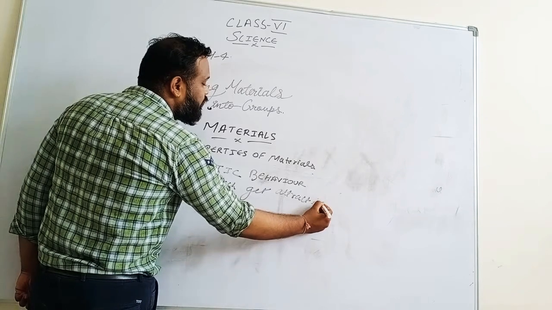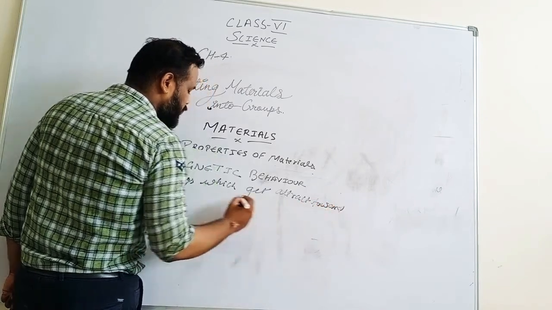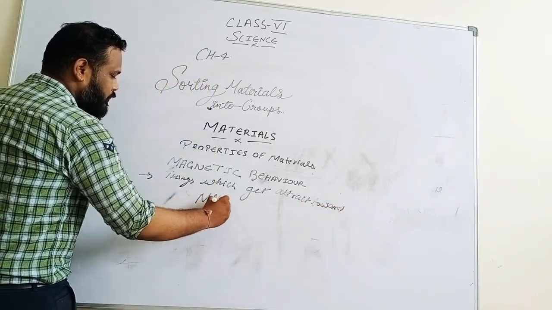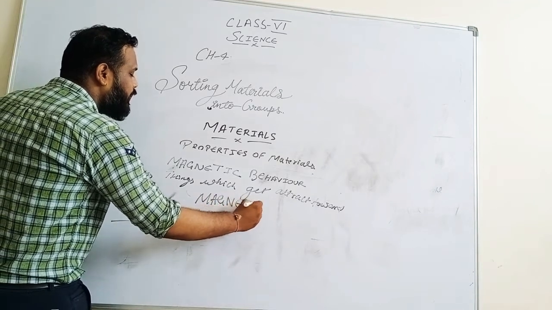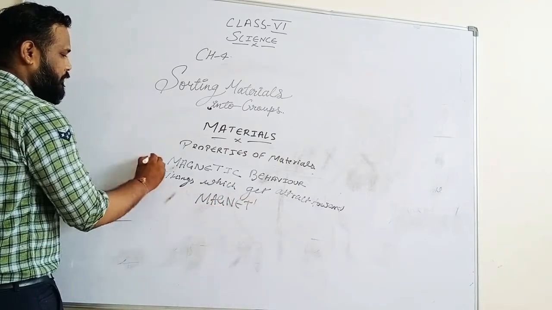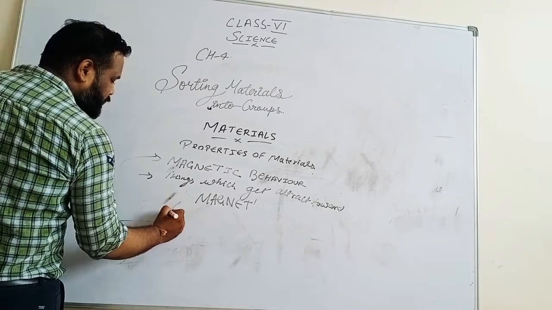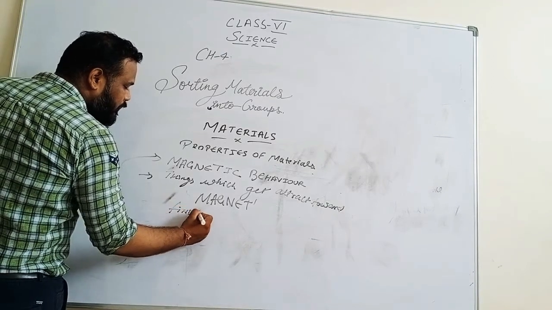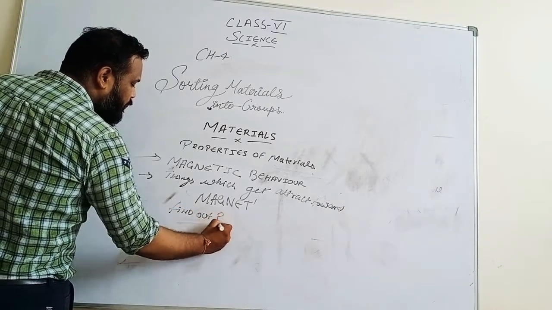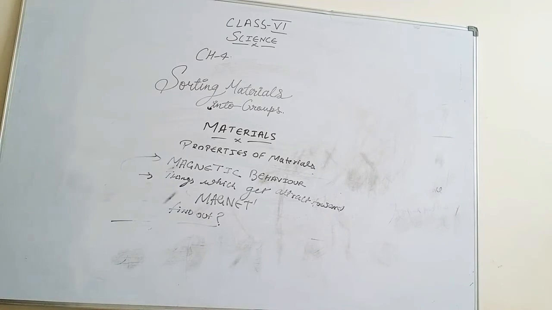From your childhood you are aware of the things which a magnet can attract. We call them magnetic property holder substances, like iron, etc. Now it's your homework to find out what are the things which a magnet can attract.